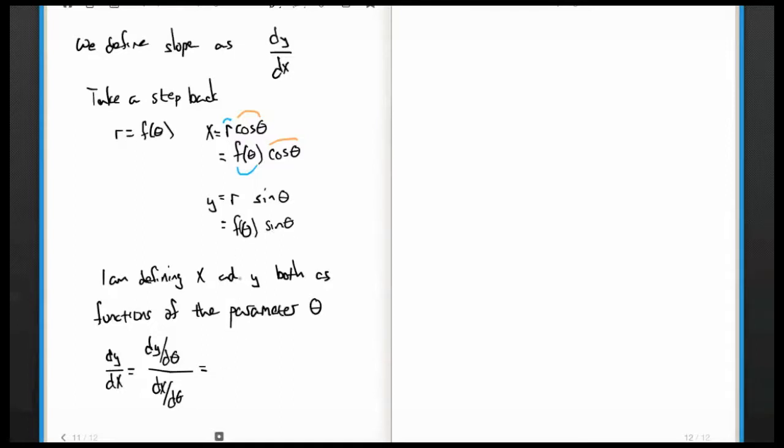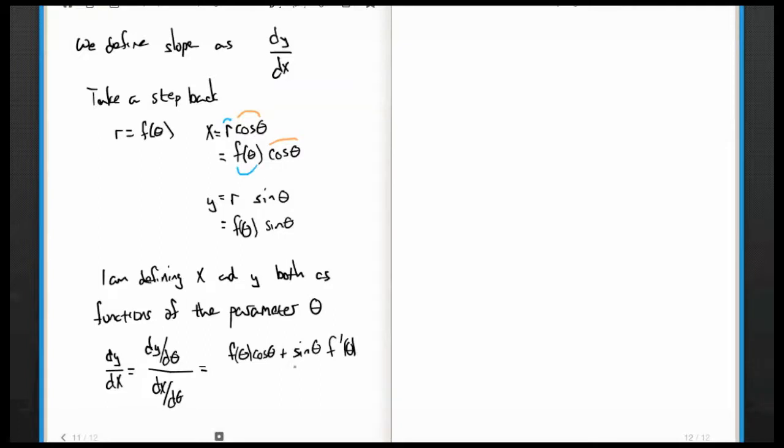So it'll be first times the derivative of the second, which is, I'm going to write it like f of theta cosine of theta, plus sine of theta f prime of theta. Like that. Product rule, right?